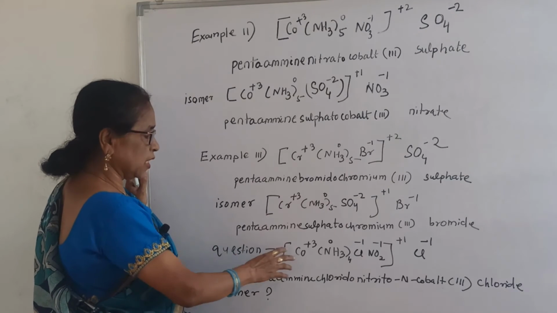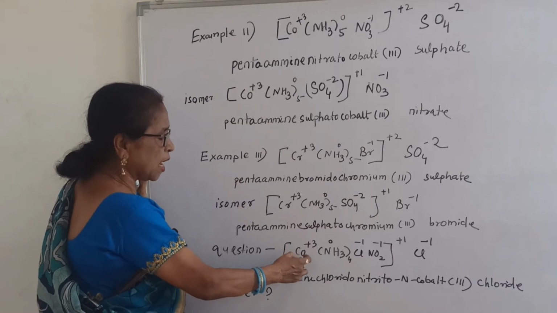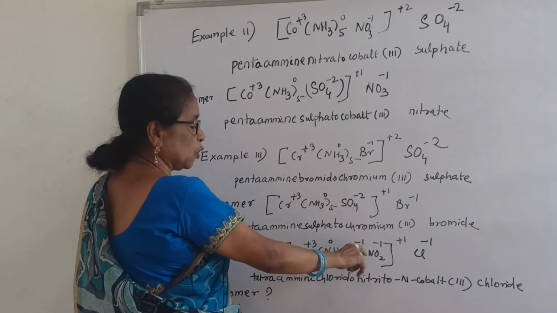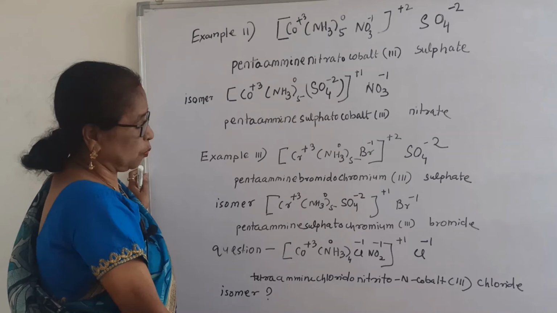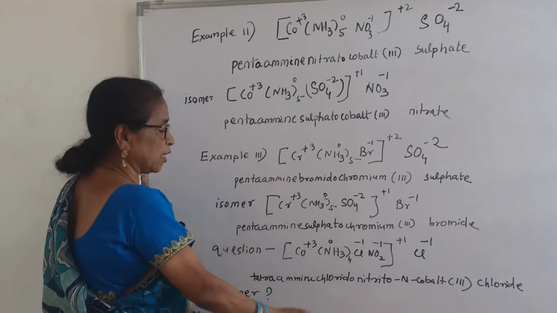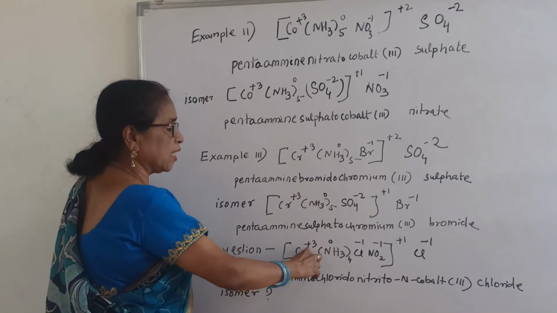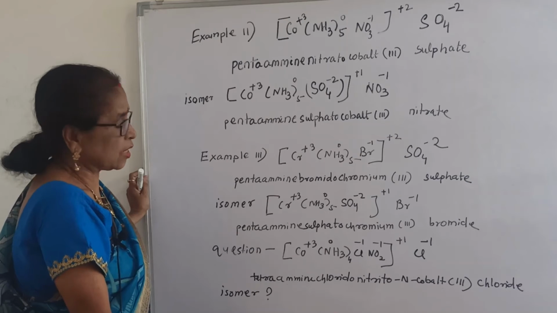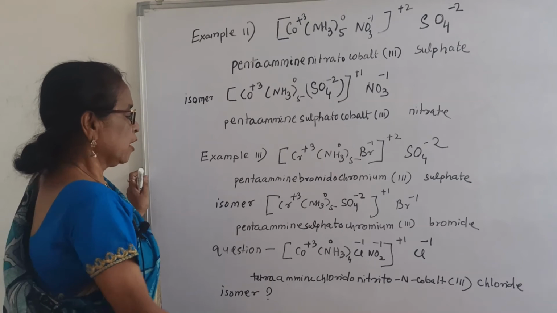So the next question I want to ask: cobalt is surrounded by 4 ammonia molecules, 1 chlorido group, and 1 nitrito N group, because N is attached to the central metal atom. Both have -1 charge, that is why it gives +1. Outside is Cl minus, which is already balanced. Now what is the name?